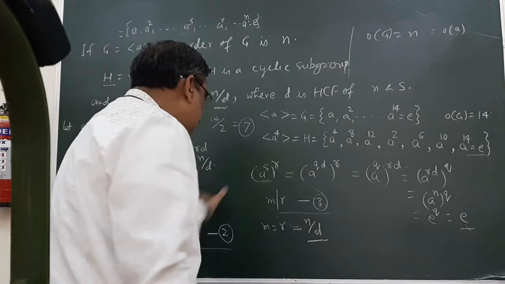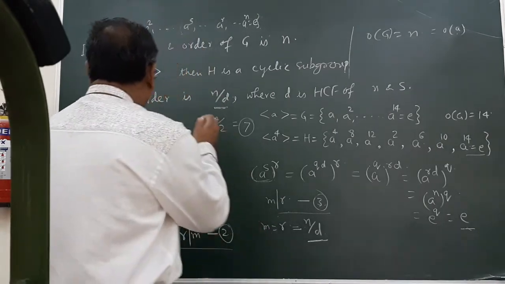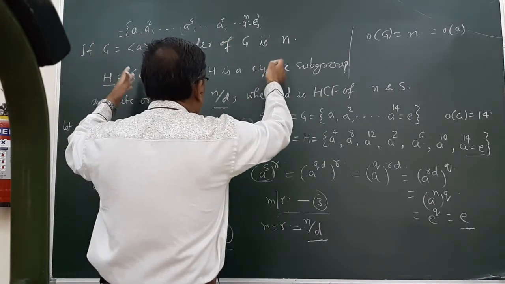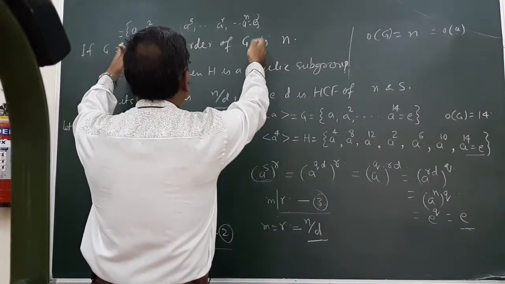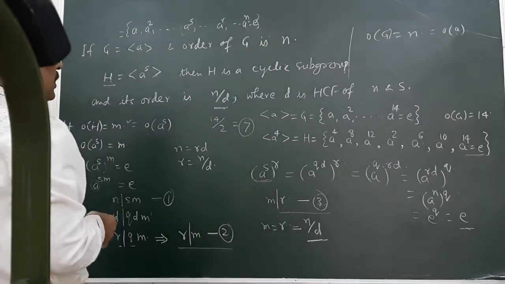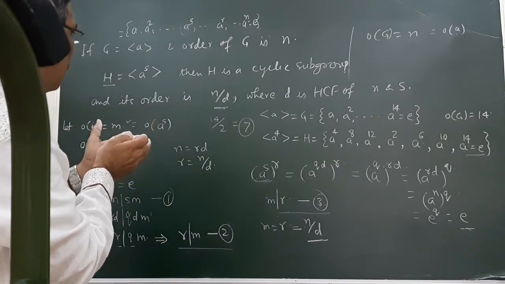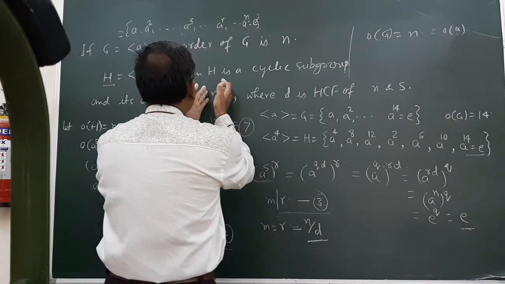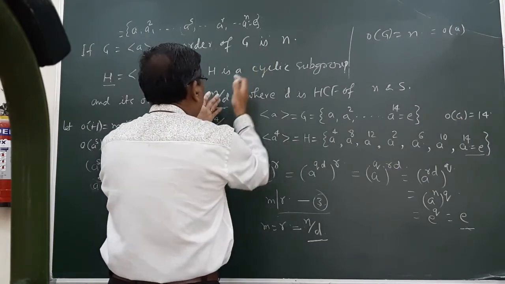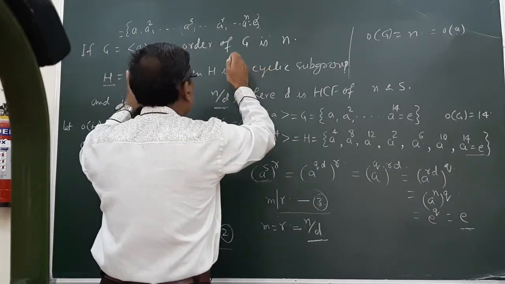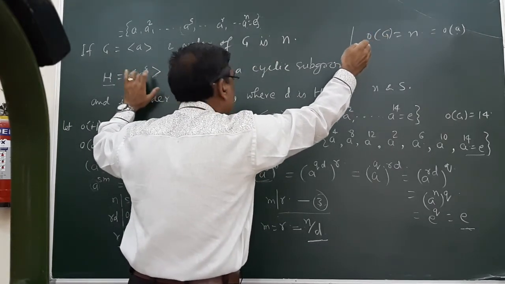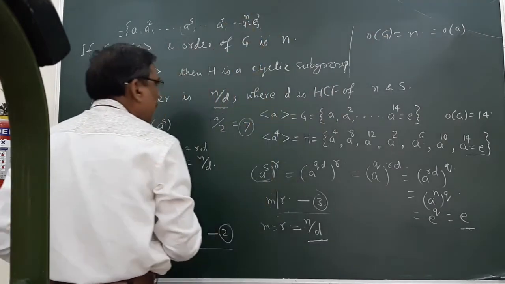Mathematically we can prove that the order of a cyclic subgroup of a cyclic group can be found with the help of the order of the group and the HCF of the power of its generator and the order of the group.